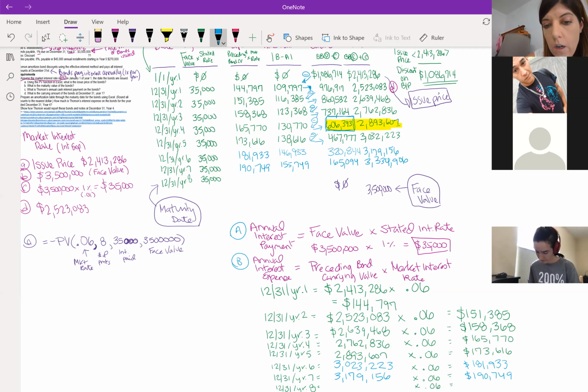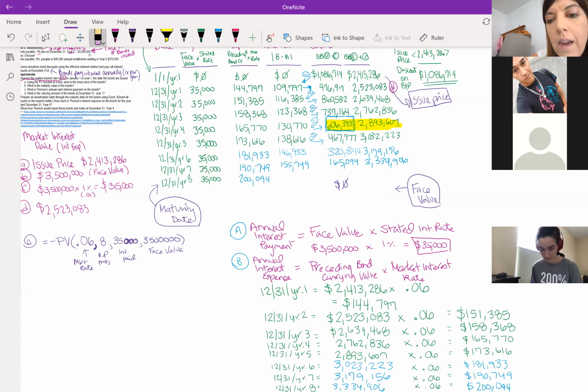In the last year, we're going to take 3,334,906 times 6% to calculate interest expense. Interest expense in the final year is the highest amount that we're going to record, 200,094. So look, it's slowly increasing in interest expense that we're recording because that bond carrying value is slowly increasing.